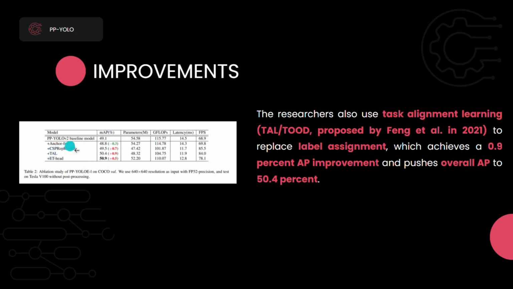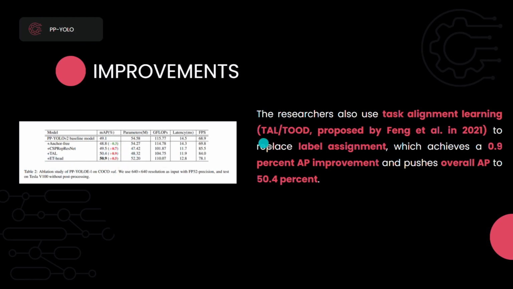When they first implemented the first improvement, which was using an anchor-free head, the mean average precision actually dropped by 0.3. And here we have a CSP ResNet, which we talked about in the previous slide, and they got an improvement in terms of the mean average precision of 0.7.